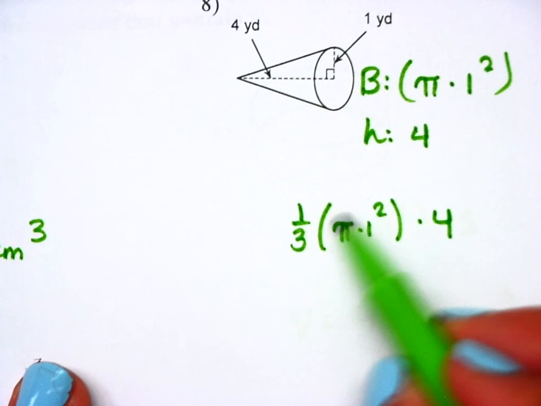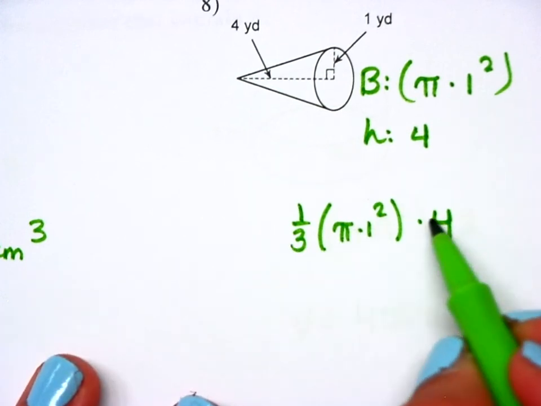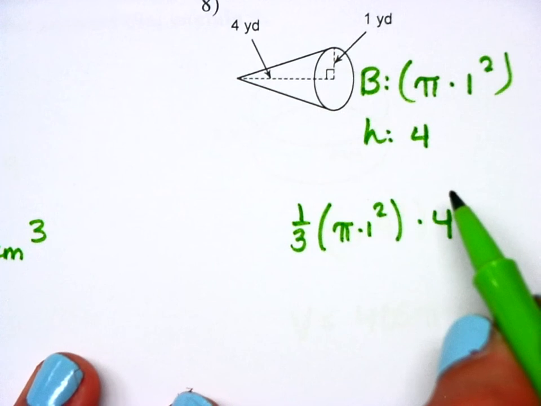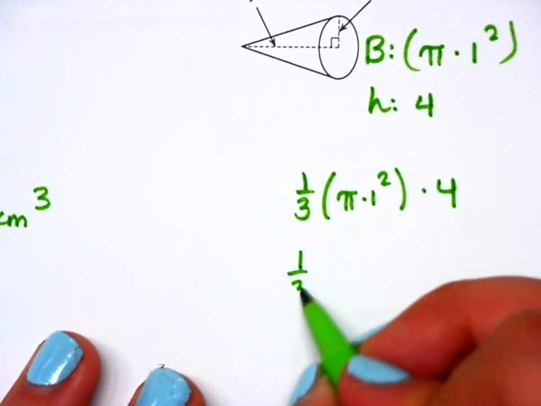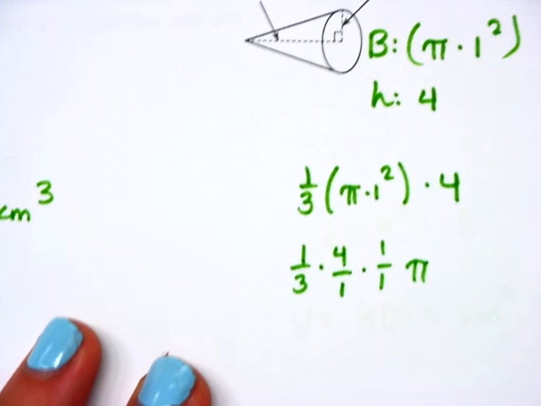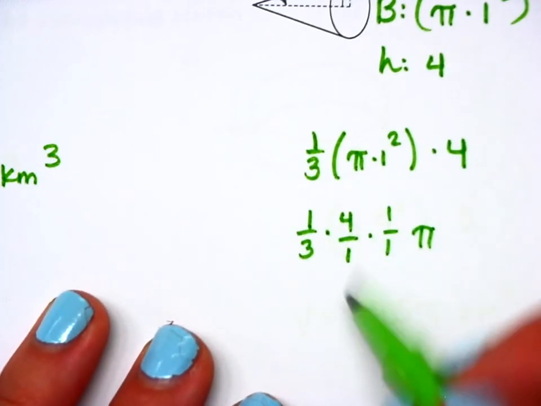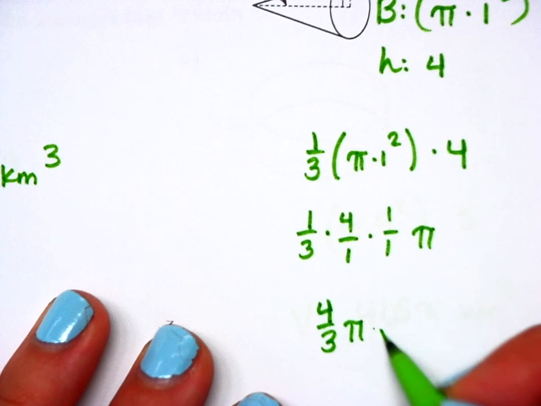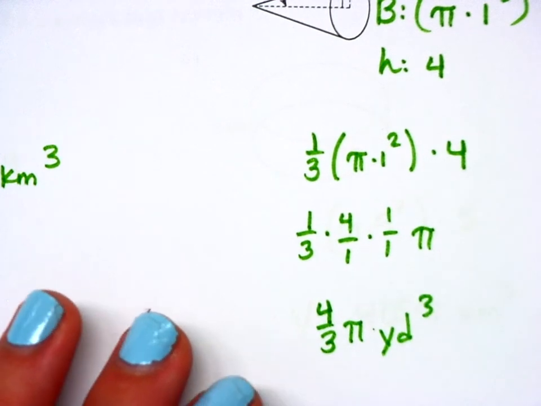Okay, and I want to leave pi. So I'm going to multiply all the other numbers. I've got 1/3 times 1 times 4. So when I multiply those all out, just multiply across, so I get 4/3 pi. Don't forget your units, it's yards cubed.